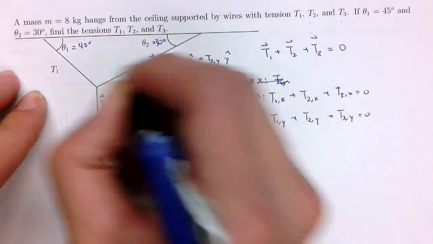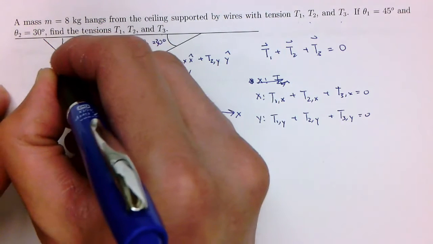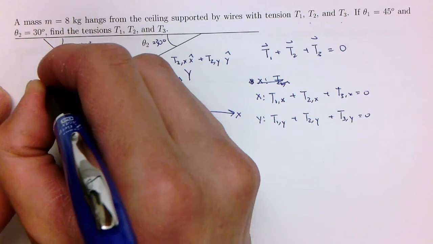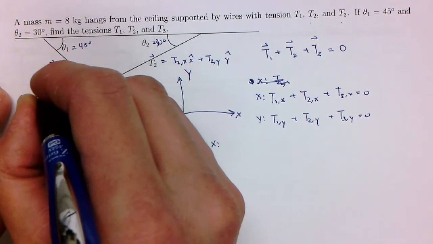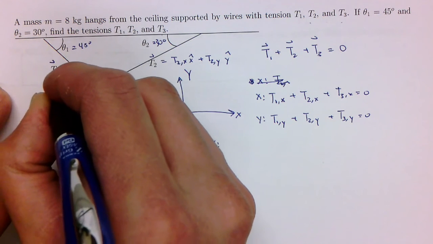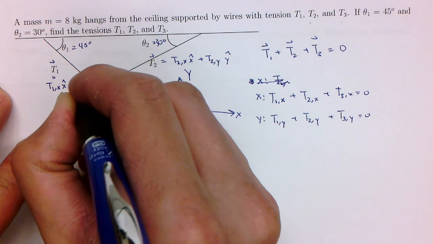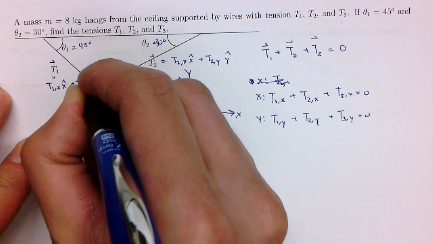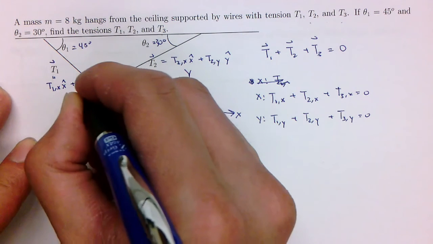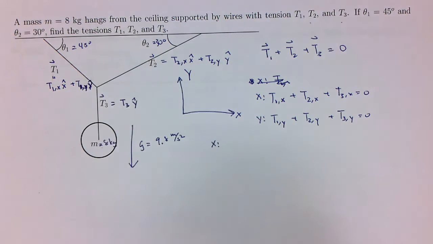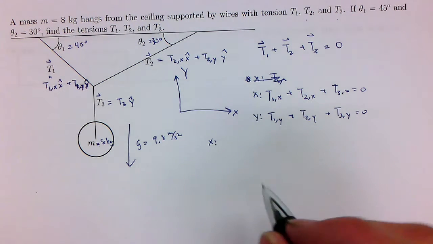Let's draw this vector as well. And T1, it hasn't given us much space. Let's try this here. It's going to be T1 of x along x hat plus T1 of y along the y hat direction. Okay, very nice. So let's set these things equal to each other.